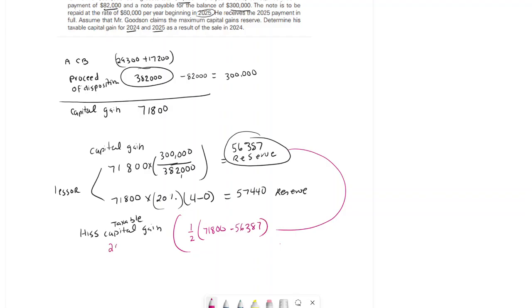In 2024, I will be paying taxes on 7,707. So that will be my gain. I will be including it into my income. That's what happens when this will be added.